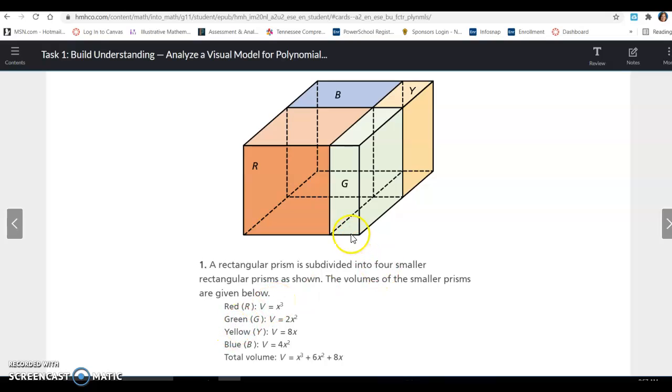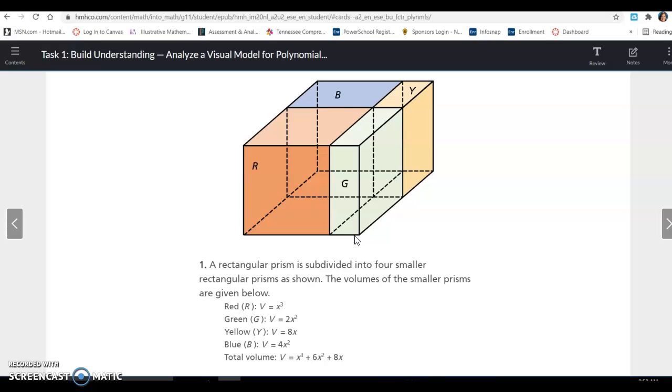Green is right here. We know that this side is x because it's the same as this over here, and we know this side is x as well. But it says that the green is 2x squared. So if we know the x squared part comes from here, then this part has to be 2.